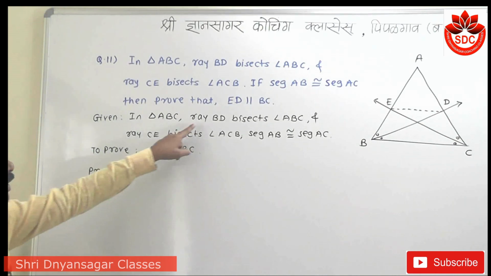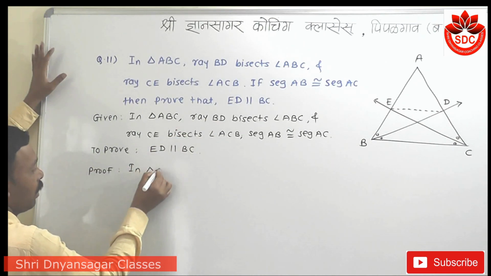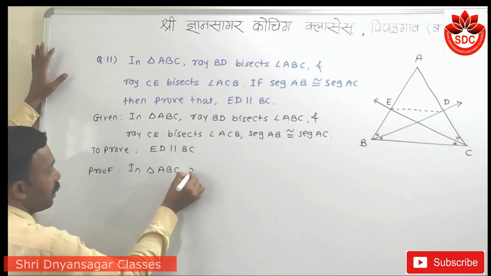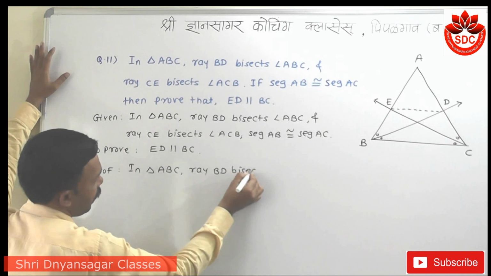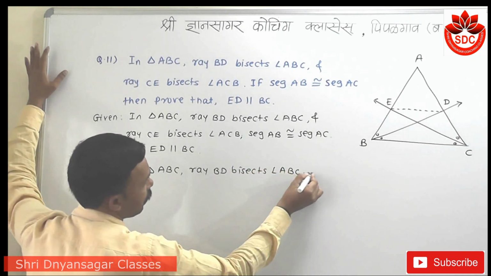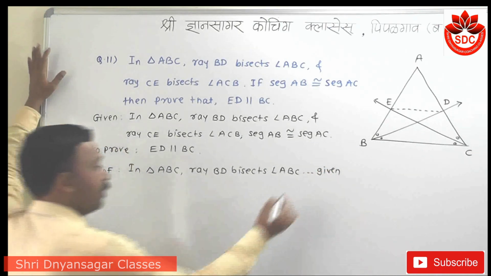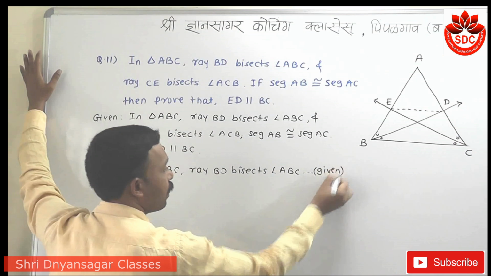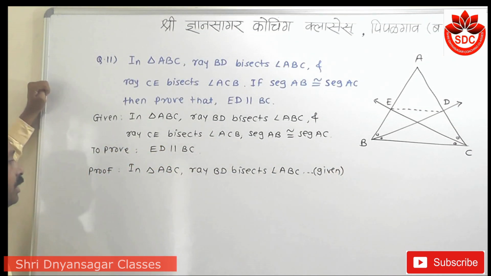Student, take the first sentence. In triangle ABC, ray BD bisects angle ABC. The reason is given. This is the first equation.